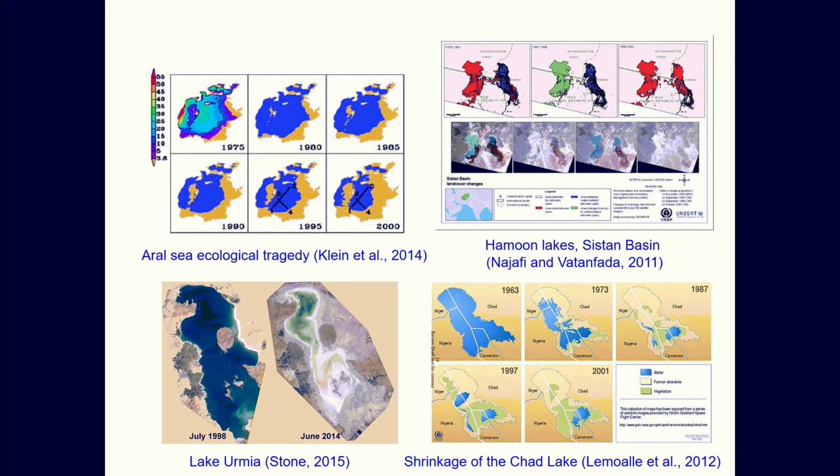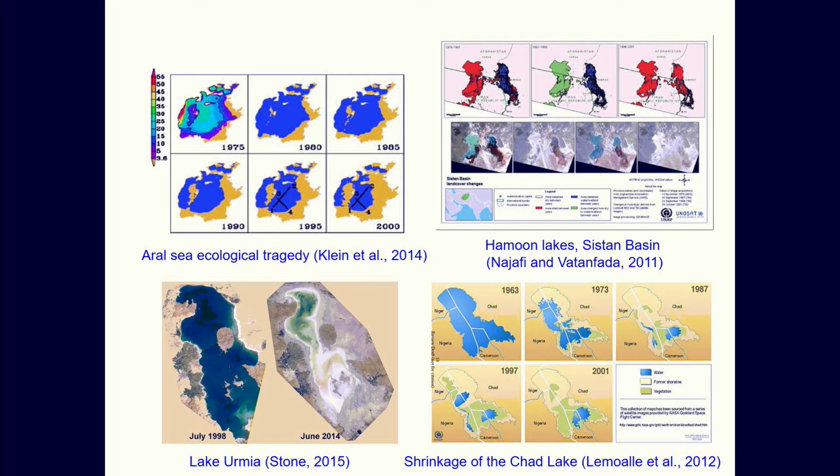lake area shrunk from more than 16,000 square kilometers just 5 decades ago to just 1,000 square kilometers. And to the west, in the Sistan Basin, we can also see the very significant drying up of these terminal lakes. And here is Lake Urmia.